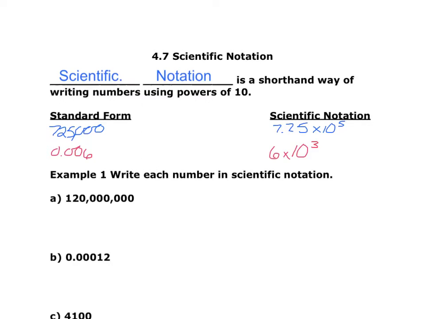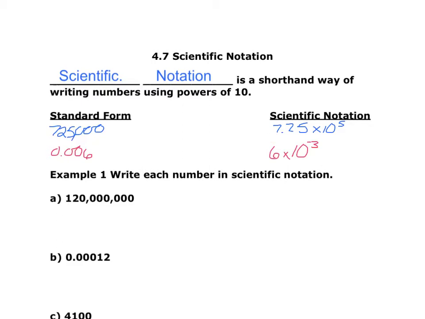We have on the left here in the guided notes the standard form of 725,000, and over here on the right we have 7.25 times 10 to the fifth. Then for numbers that are smaller than 1, I forgot my negative sign there. For numbers that are smaller than 1, we have things like this. 0.006 is the standard form.